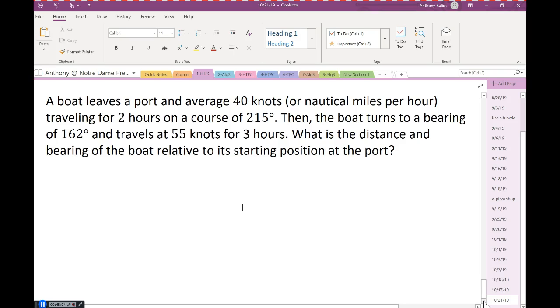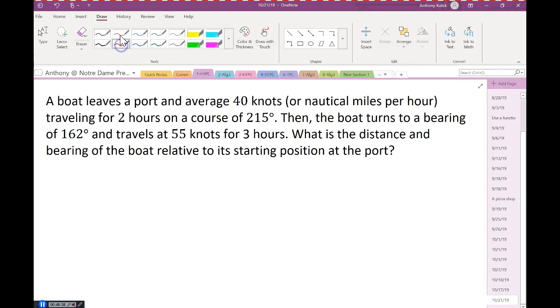How many of us are in a physics class right now or have been in a physics class previously? A handful of us? If you are, what we're about to do should look relatively familiar. The idea for a problem like this is we're going to break down these into components. So this first piece of information, we're going to break this down into a vertical and horizontal component.